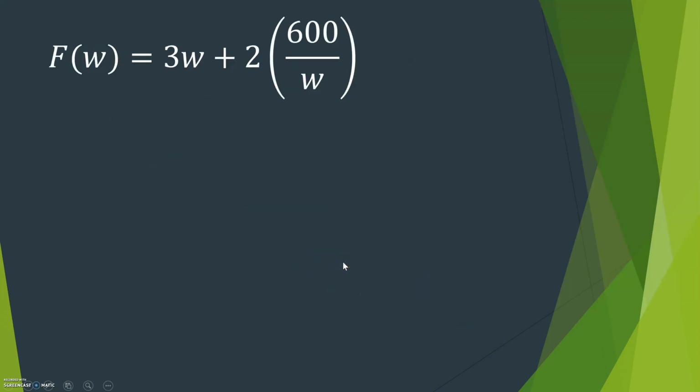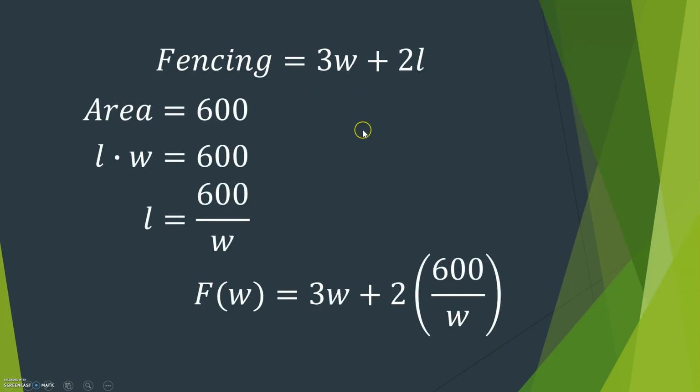As soon as you write your equation, you should be looking for the domain of your equation. Now, the width of a fence has to be positive, and I suppose we shouldn't have a width of 0, otherwise we're not enclosing land. But it turns out there's no upper bound. It feels like there should be an upper bound on the width of the fence, but mathematically there's not. Let's go back.